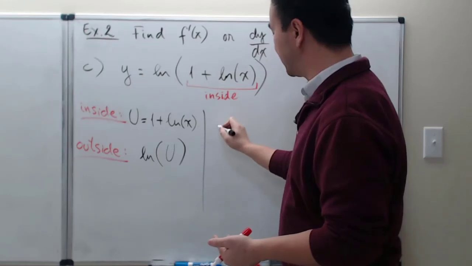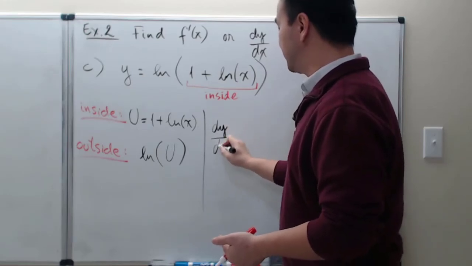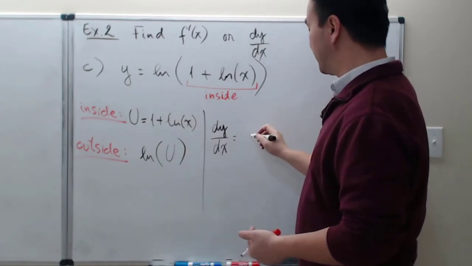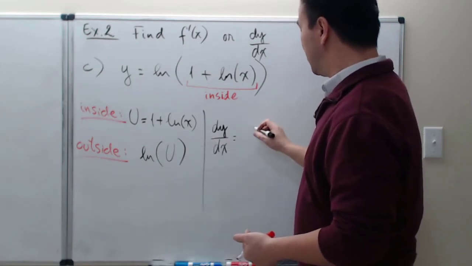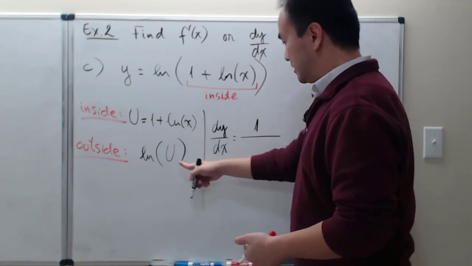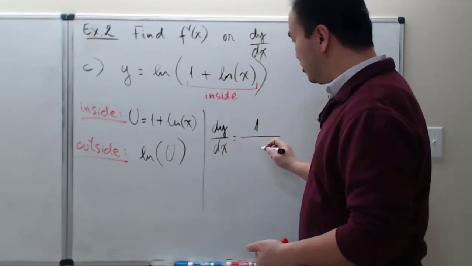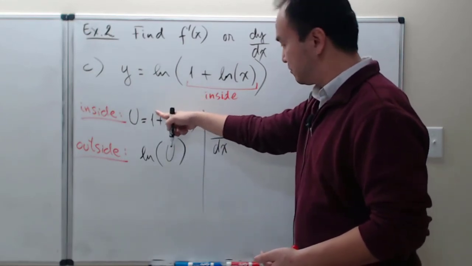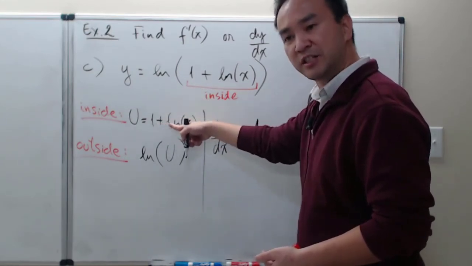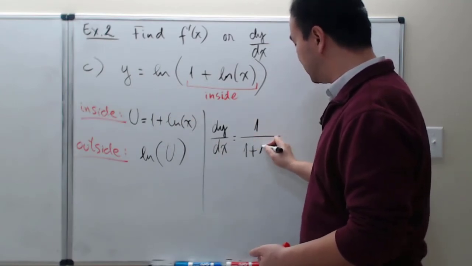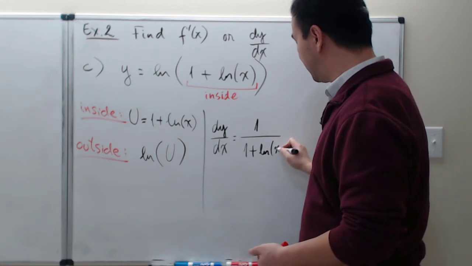Chain rule says the derivative is first we have to find the derivative of the outside. So the derivative of the outside is going to be 1 over u, because it's just the natural log. So 1 over u, but instead of writing u, I am going to write the actual expression that u substituted for. So it's 1 over u, but u is actually 1 plus natural log of x.